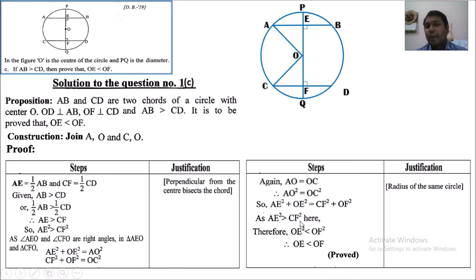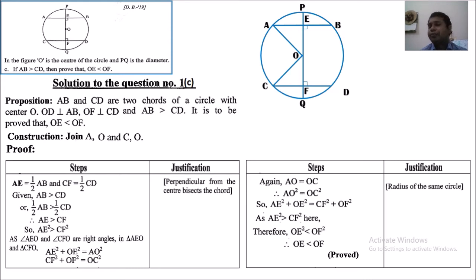So OE square must be smaller than OF square. So OE is smaller than OF. That is the proof of our theorem. So this is the complete solution of the board question that came in Dhaka Board 2019, and you will find this question as question number 8 of the question paper.